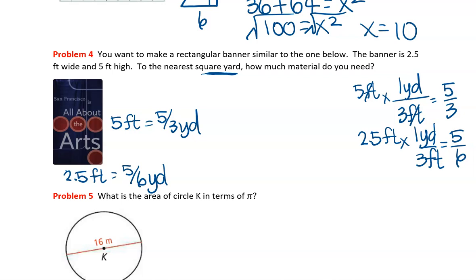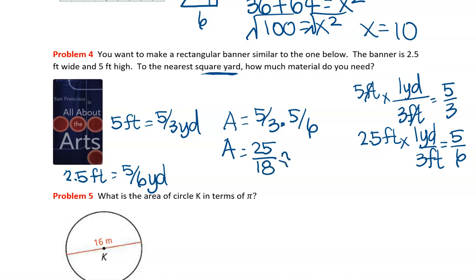Okay, so now we've converted to yards, and we want to know how much material we're going to use. So it's not the frame on the outside, it's the actual material. We're going to multiply these two numbers because we want to find area. 5/3 times 5/6 would be 25/18.